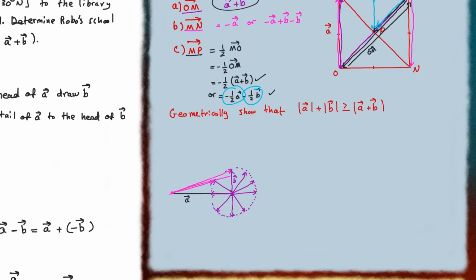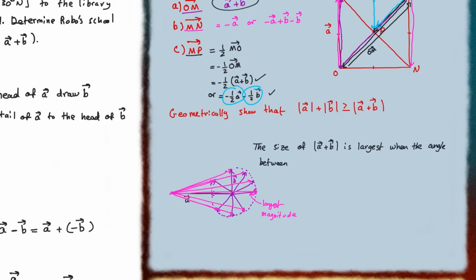And we can see that we're forming triangles, and in these triangles, the addition of A plus B is the hypotenuse, and A and B are the shorter sides of the triangle. And in order for us to have a hypotenuse which is equal to the size of the smaller sides, the angle between vector A and B has to be 0.